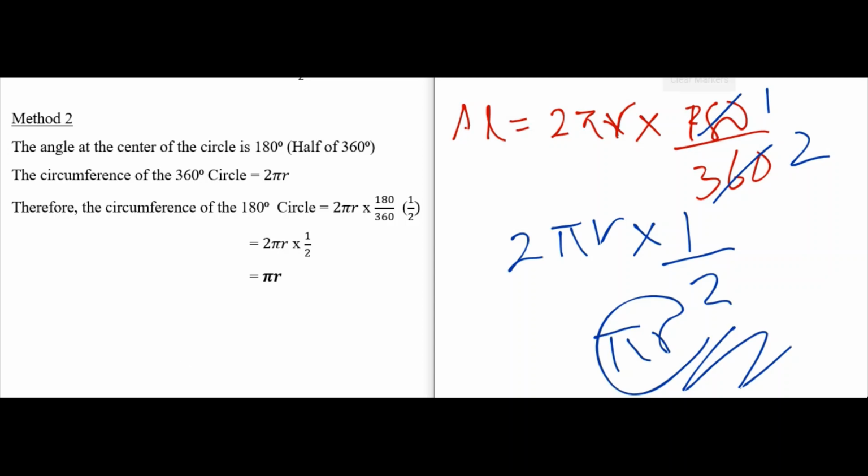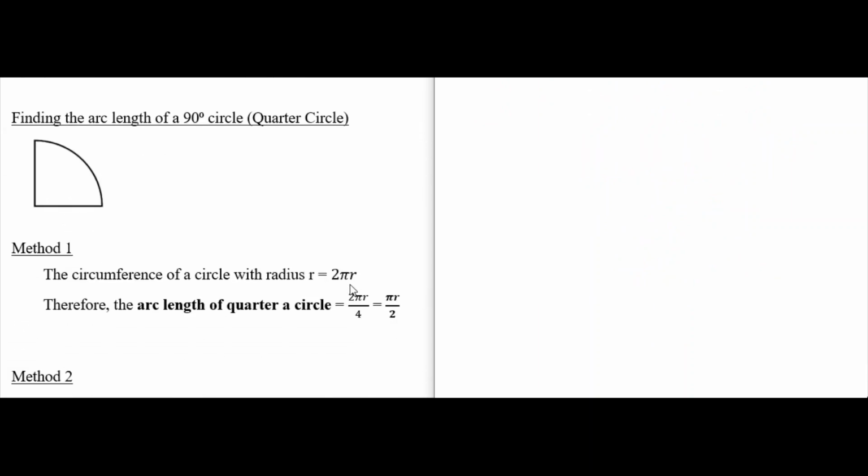Then we have another important part, which is finding the arc length of a 90 degree circle. So that's easy now. We already know how this works. If we consider this as a quarter of a circle, a quarter is 1/4 of a circle.